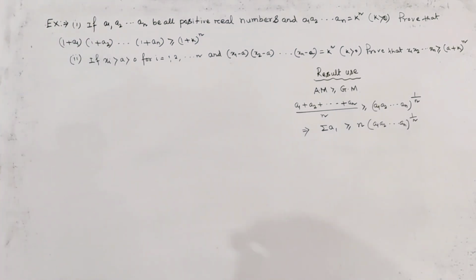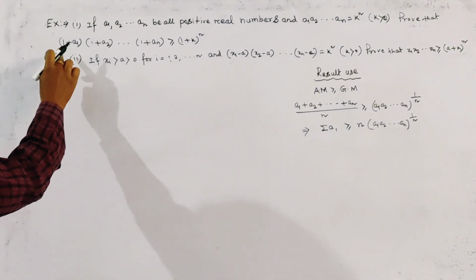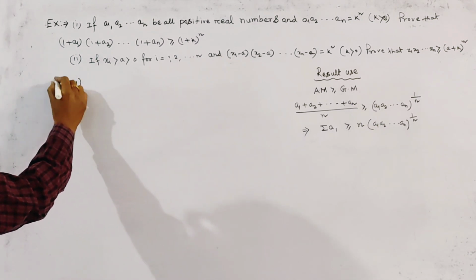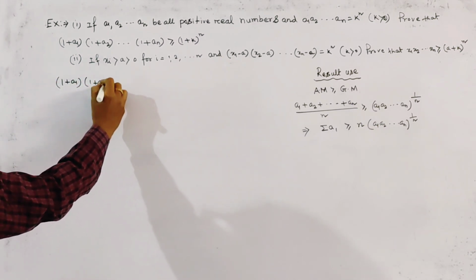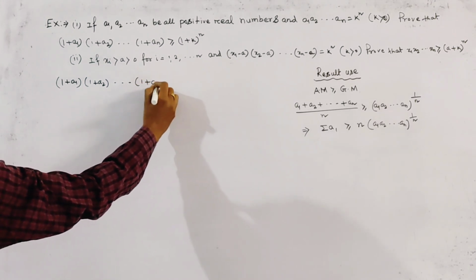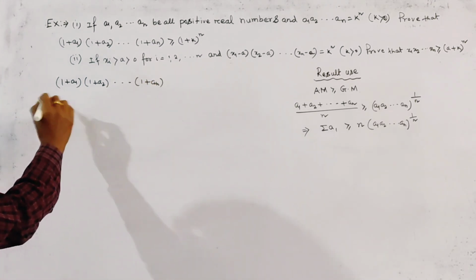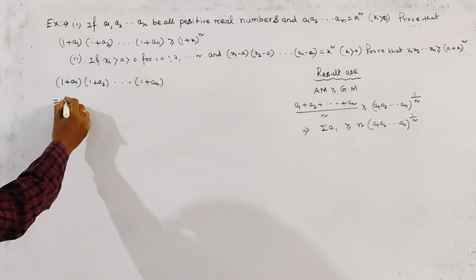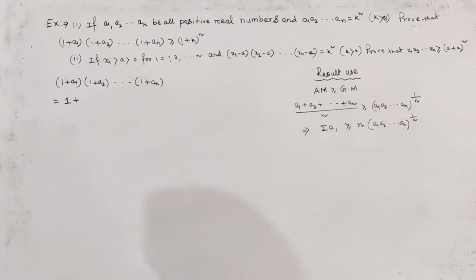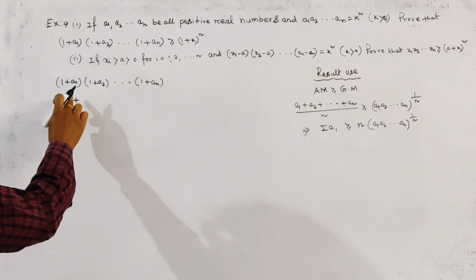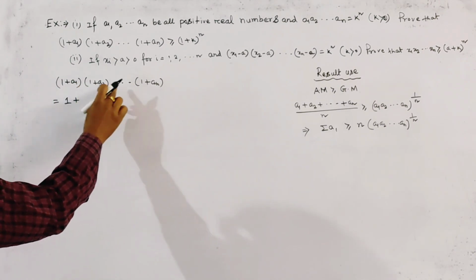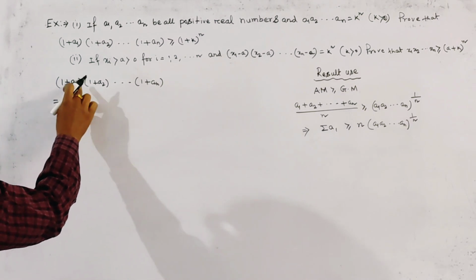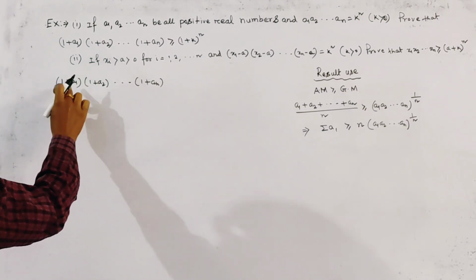Now for this problem, we first write the left side. The left side is (1 plus a1) into (1 plus a2) to (1 plus an). If we multiply this out, we get the first term as 1. The second term is the sum of a1, a2 to an, because we multiply a1 with 1, 1 and 1, then we get a1.